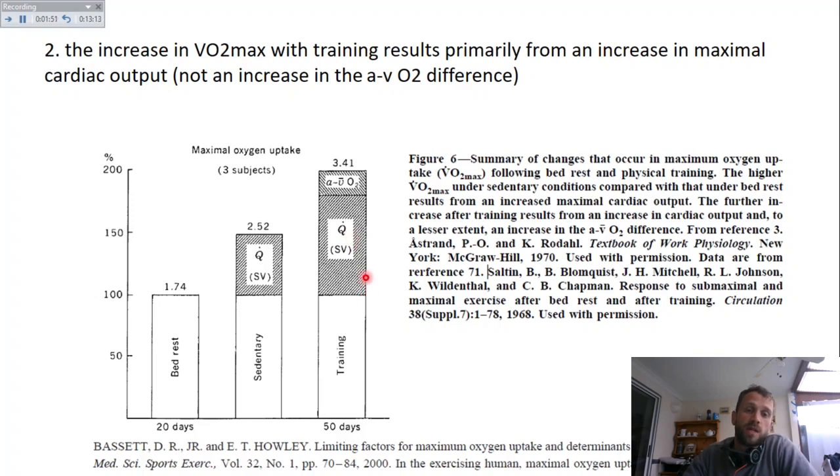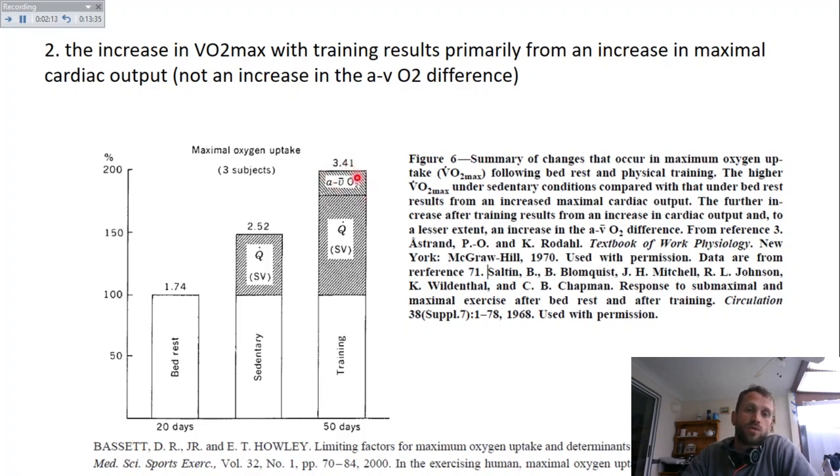So the heart has been able to pump faster, which allows them to have a higher VO2 max. Only a small proportion of the increase is due to an increase in this thing called AVO2 difference, which is basically oxygen diffusion at the muscle.